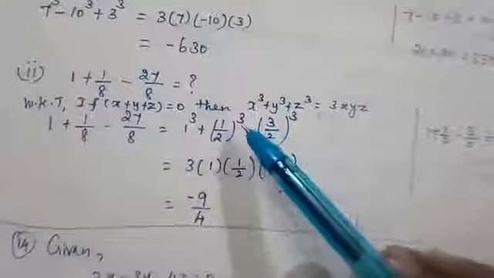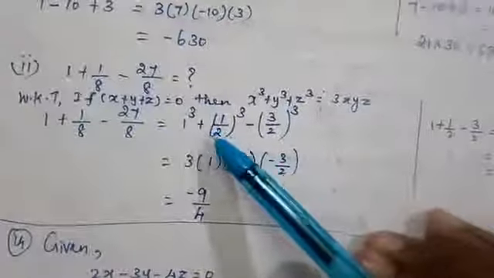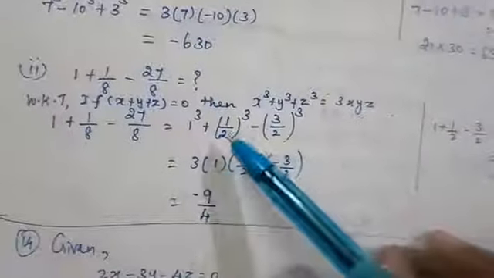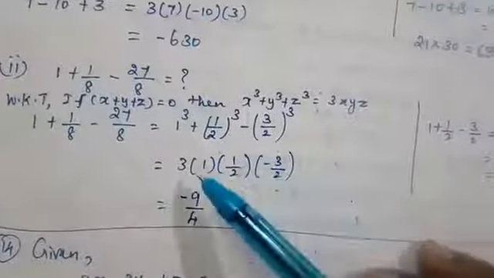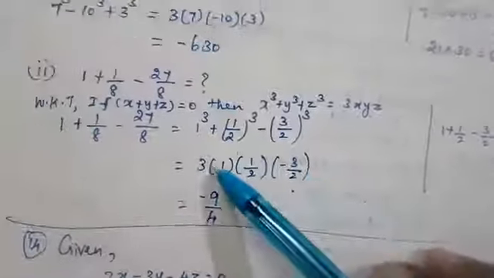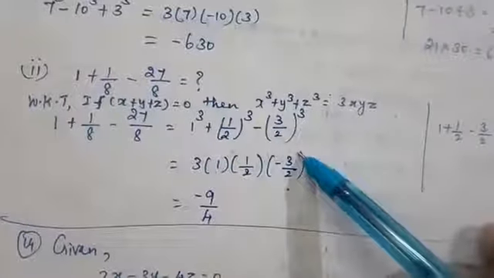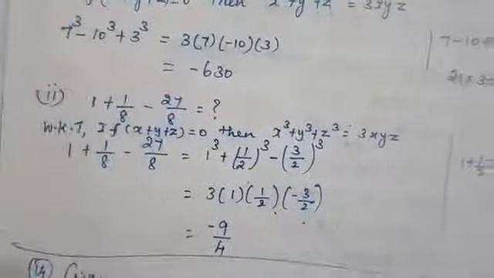So the formula is suitable to substitute. So x cube plus y cube plus z cube equals 3xyz. So x is 1, y is 1 by 2, z is minus 3 by 2. So numerator value 3 3s are 9, minus 9, 2 2s are 4, minus 9 by 4.